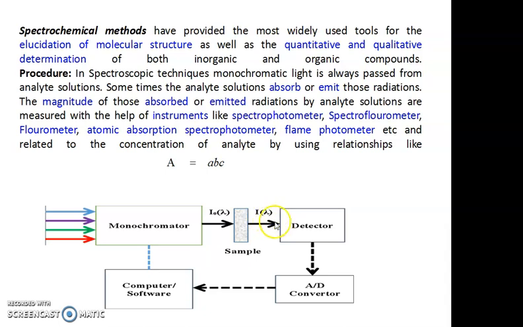The detector will detect it, and the converter will convert it from analog to digital. After the conversion, you can see it in the computer software, and that will give you the spectra. The spectra will tell us what amount of radiation has been absorbed by the sample, and based on that amount you can characterize the molecule.